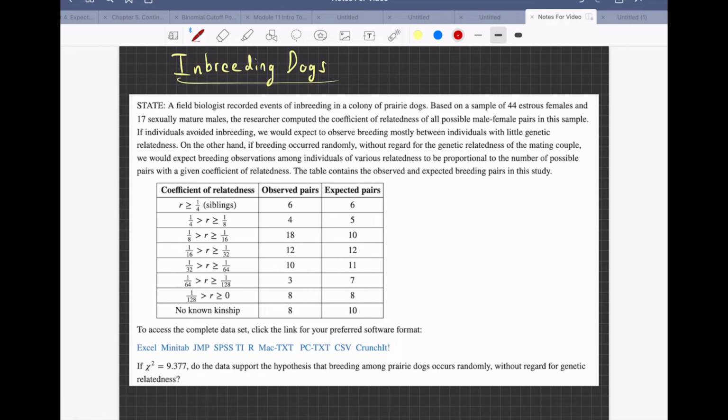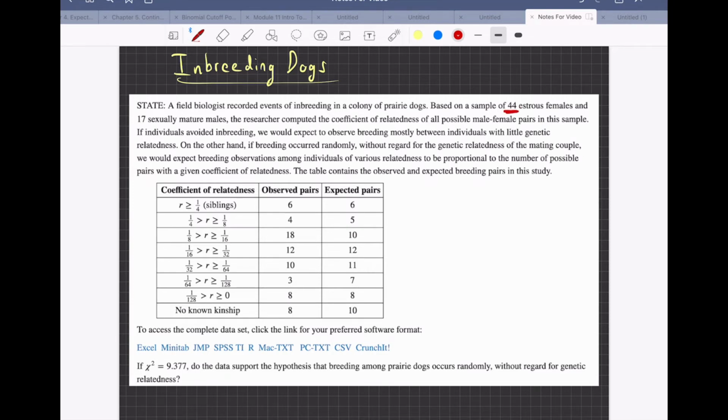All right. Next example. Inbreeding dogs. A field biologist recorded events of inbreeding in a colony of prairie dogs based on a sample of 44.